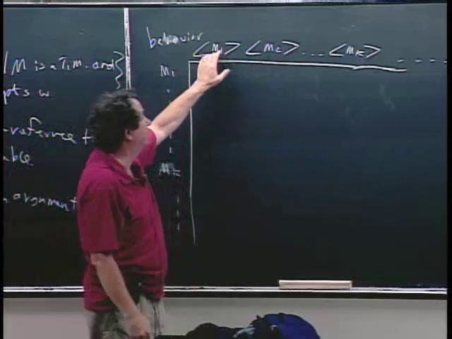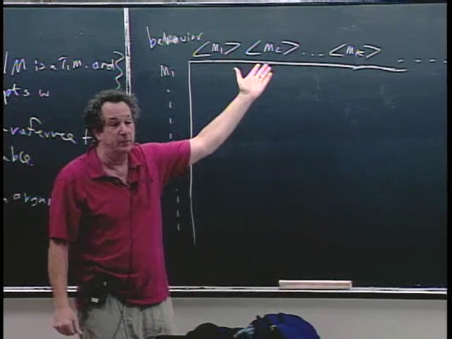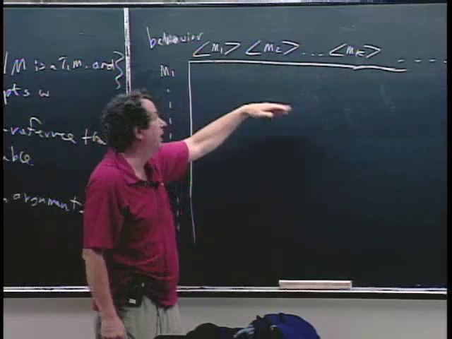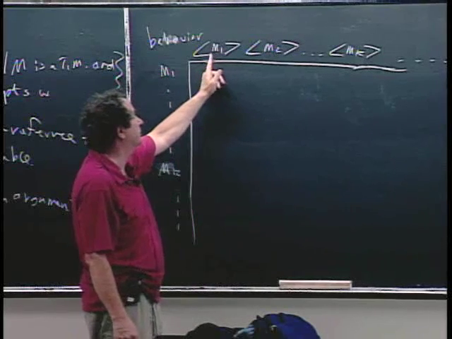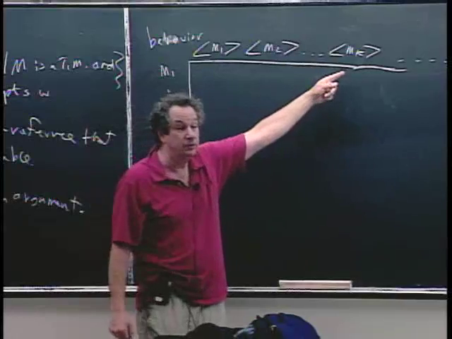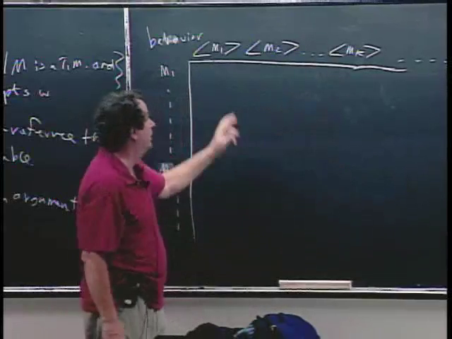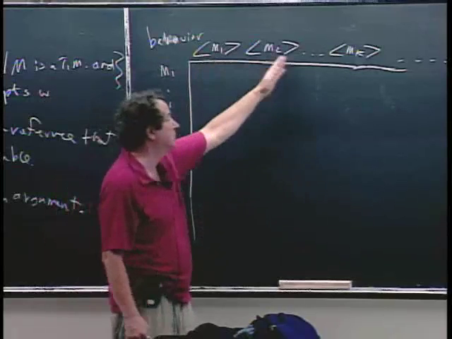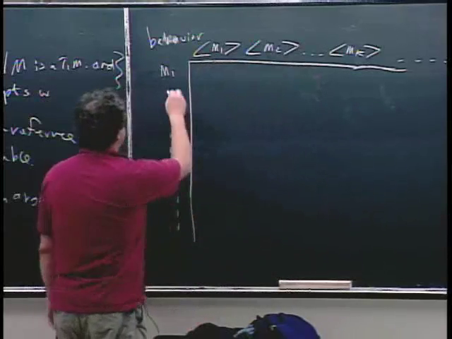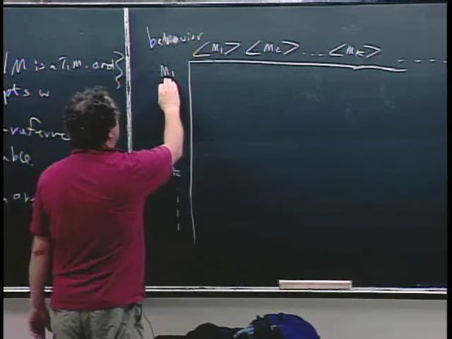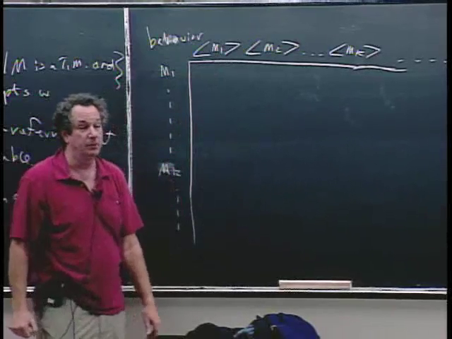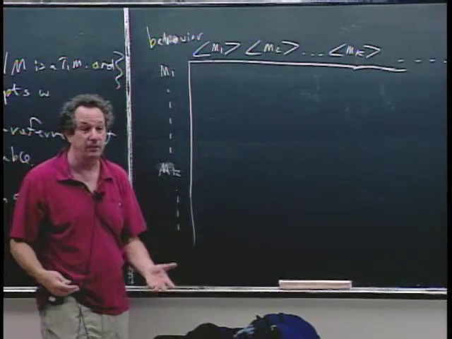So we don't have up here all possible inputs. When I did my diagonalization, I had all possible strings. But now what the book does is just restricts to those particular strings that are encodings of Turing machines. Okay, that's fine. This is enumerable, and you can do that. And so then you can say, well, what does M1 do on this particular input? Well, it either accepts, rejects, or doesn't halt.